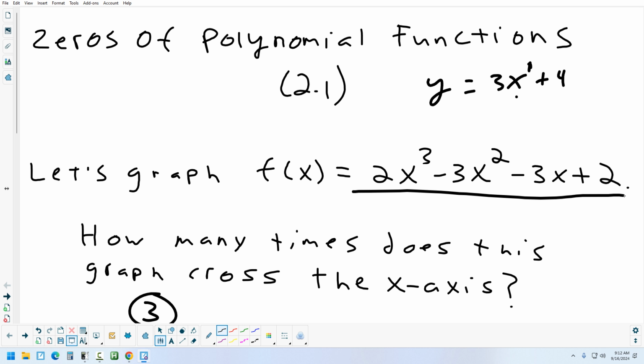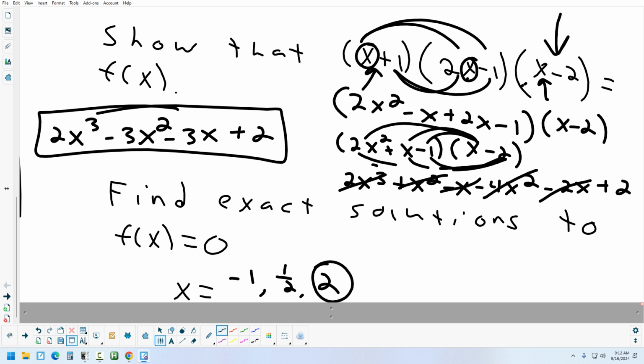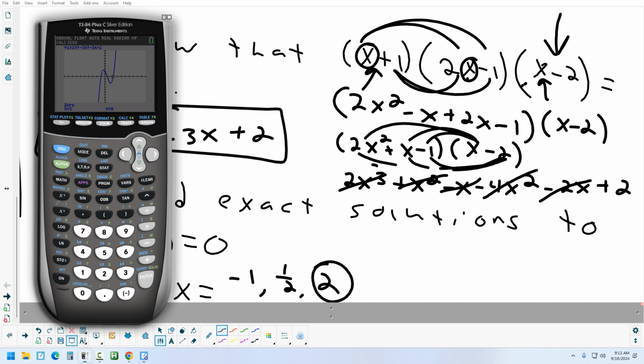Okay. Yeah. I tried to do some of the multiplication with the calculator and it just came out 0. What do you mean? Did you type in this? 2x squared plus x minus 1 times x minus 2. It just came out 0. As long as you put that in parentheses, it should come out. Yeah.